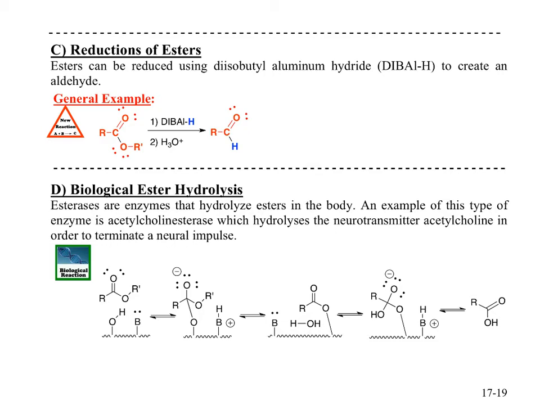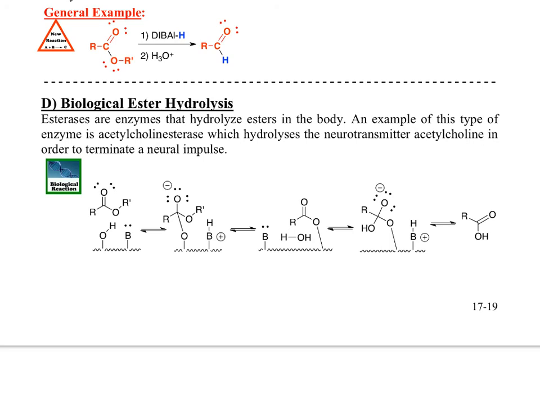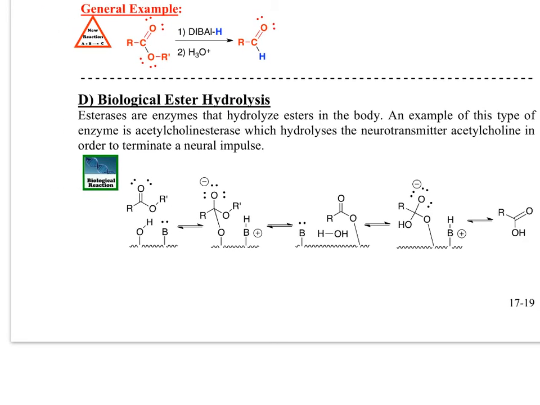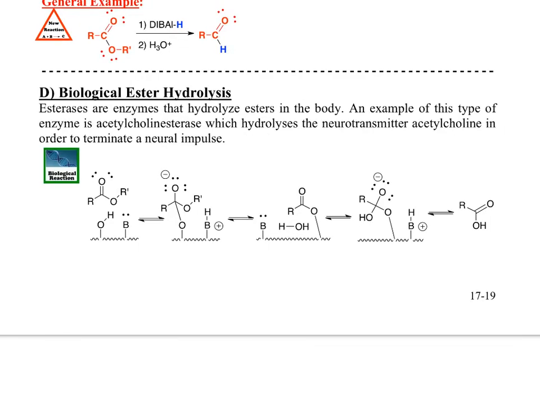Now, under biological conditions, esters are also hydrolyzed, and typically these are done by a variety of enzymes. Here's a specific example. This is acetylcholinesterase enzyme, which will hydrolyze the neurotransmitter acetylcholine, and this is done in order to terminate a neural impulse.